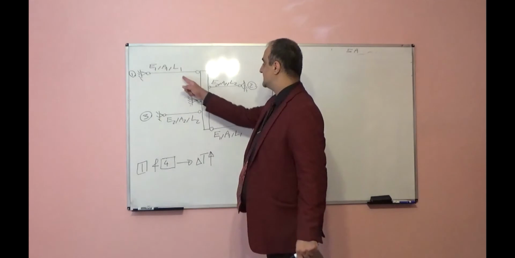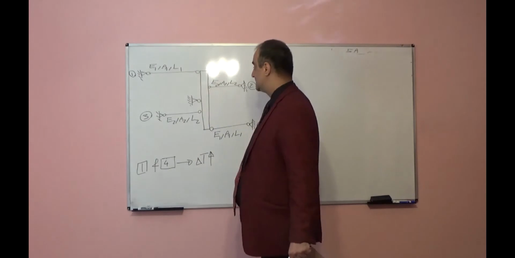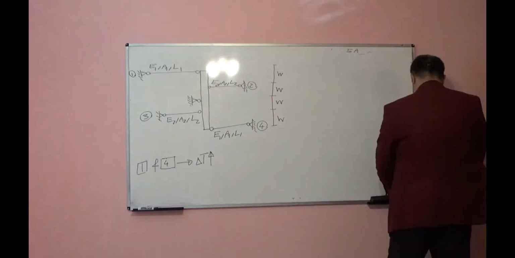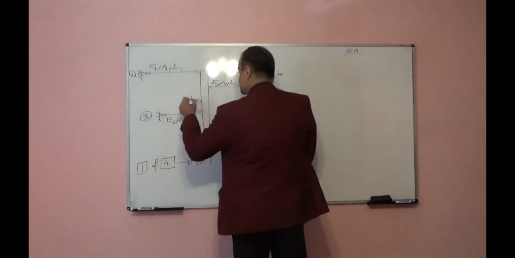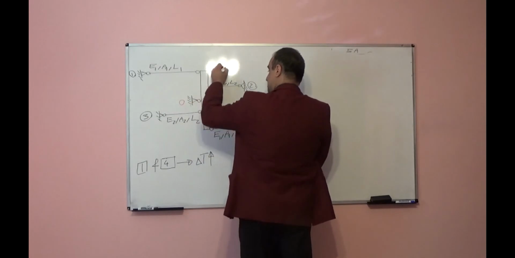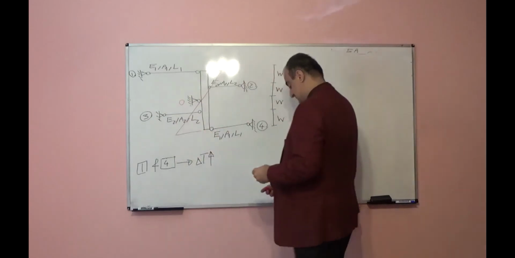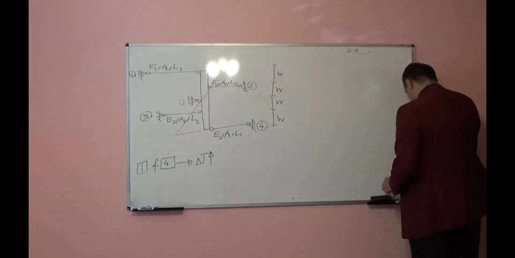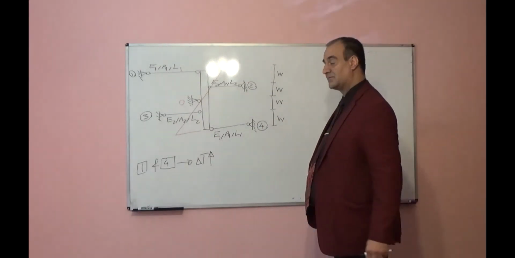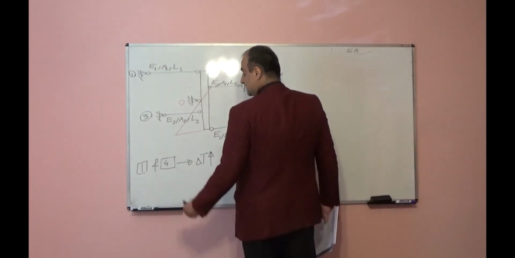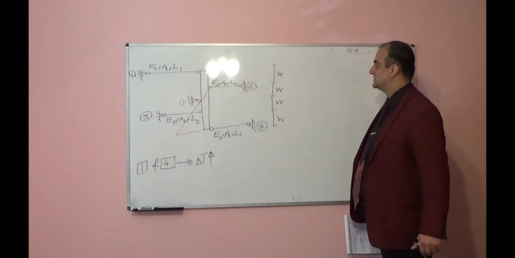So if we increase the temperature in these two rods, what will happen? This rigid column will rotate with respect to point O, and we have this shape. Let's see how we can calculate internal force in these members. It is easy if we use superposition here.